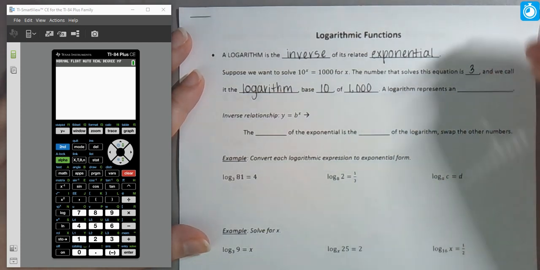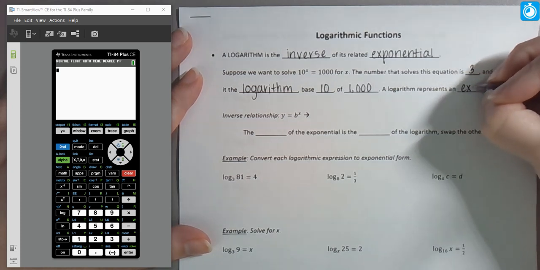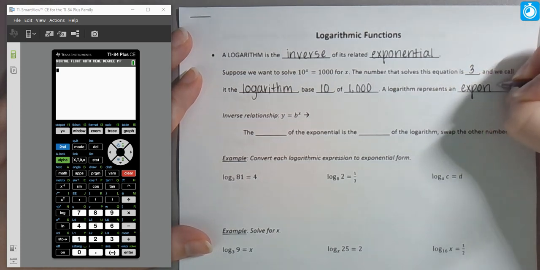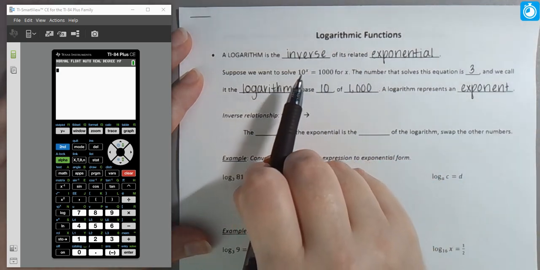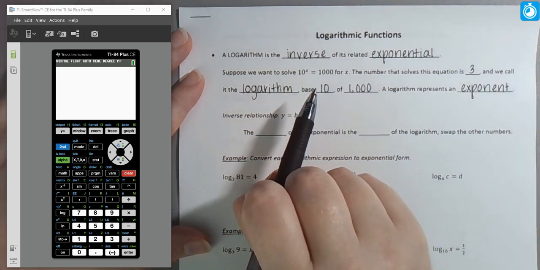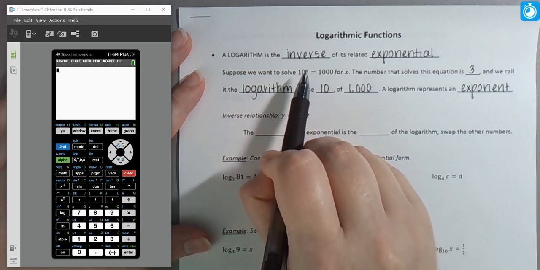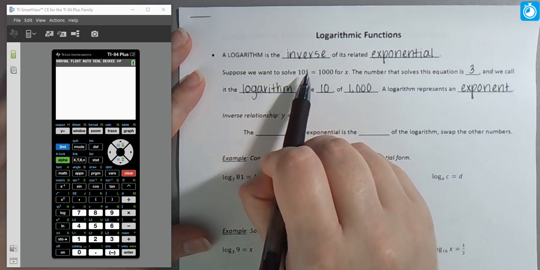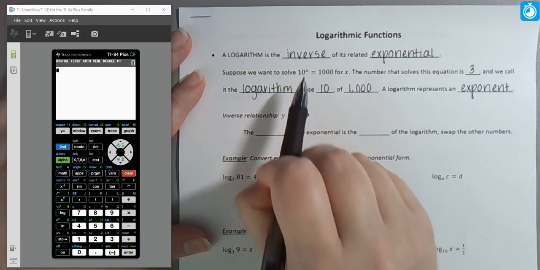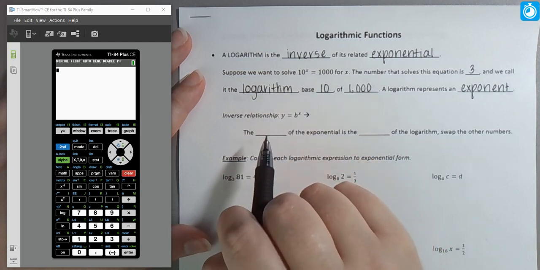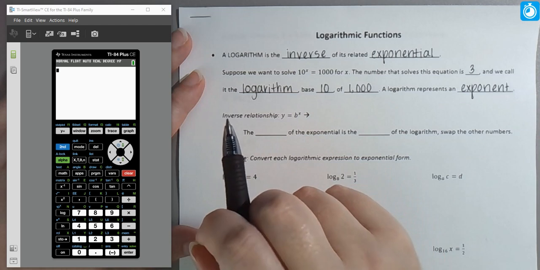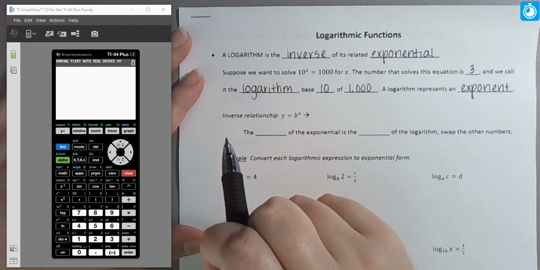So what does that mean? Well, a logarithm represents an exponent. A logarithm is another name for the exponent that makes an equation of this form true. When the variable you're attempting to solve for is in an exponent rather than being the base, we're solving in a different way. Normally we see the base as being variable and the exponent as a fixed number, something like x squared is equal to 1,000.